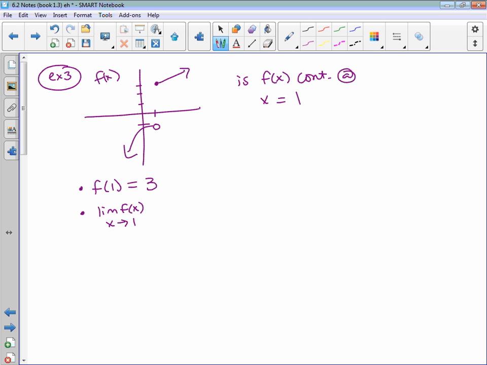It's different from the left and the right. So we can stop there and say therefore f of x is not continuous at x equals 1. It's continuous in other places, but it is not continuous at that point.